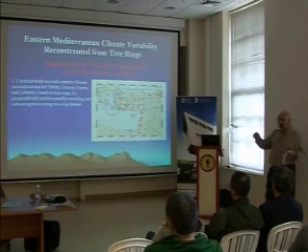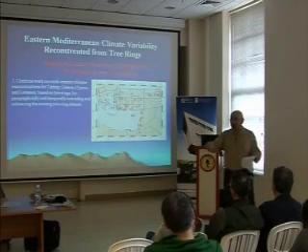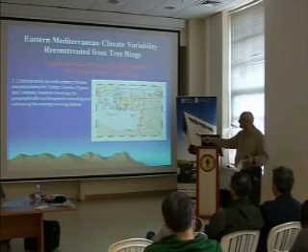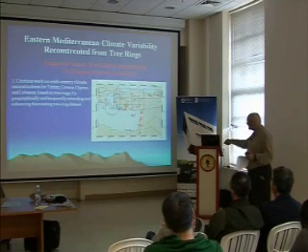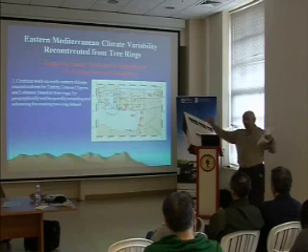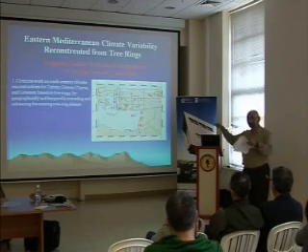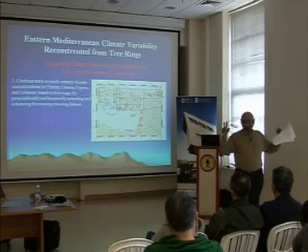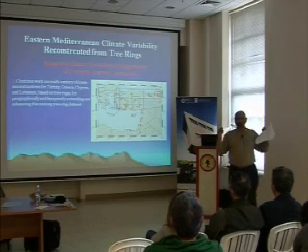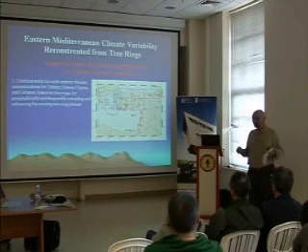Then we can make what they call a climate field reconstruction of drought. You can look at the drought from Greece all over to Lebanon by building a big network from tree rings, and then make a regional reconstruction of the climate and give a better understanding of drought through time. Okay?